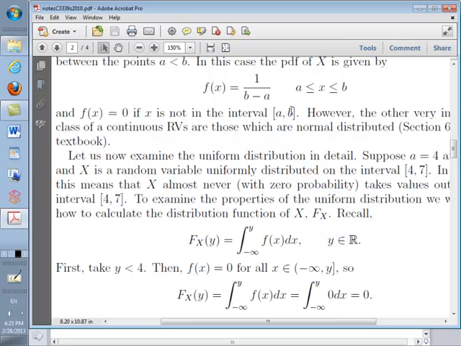And practically the uniform distribution is saying that any range of values which has a specific length between a and b is equally likely.